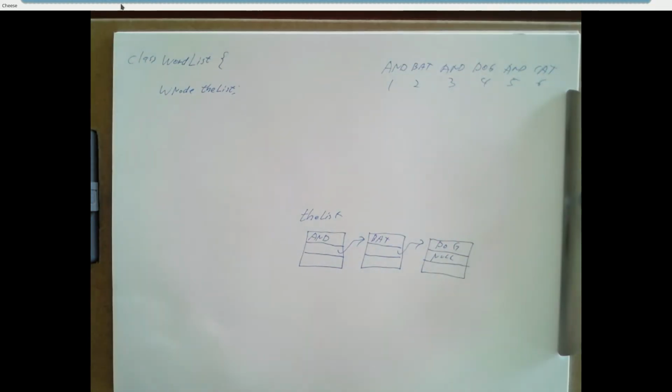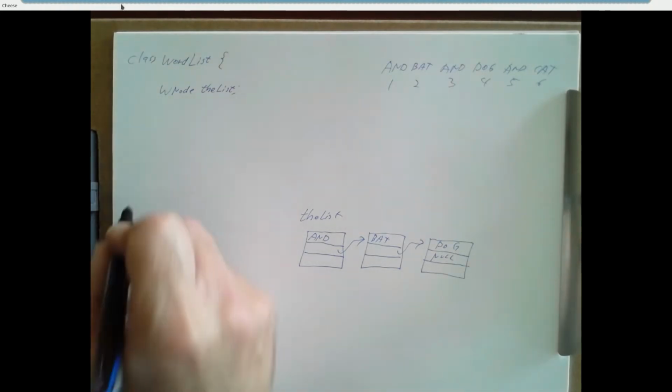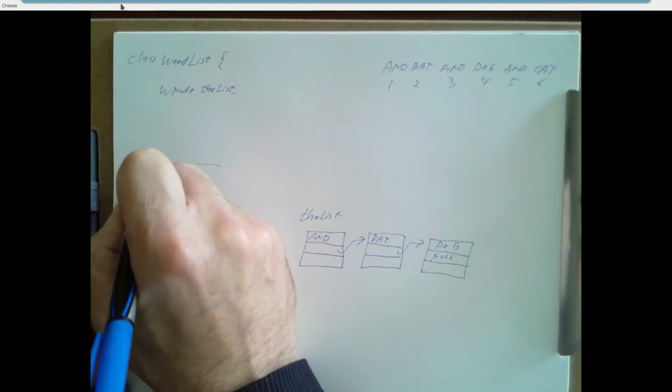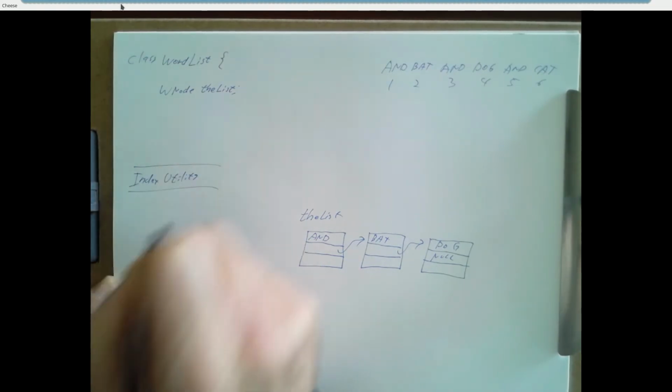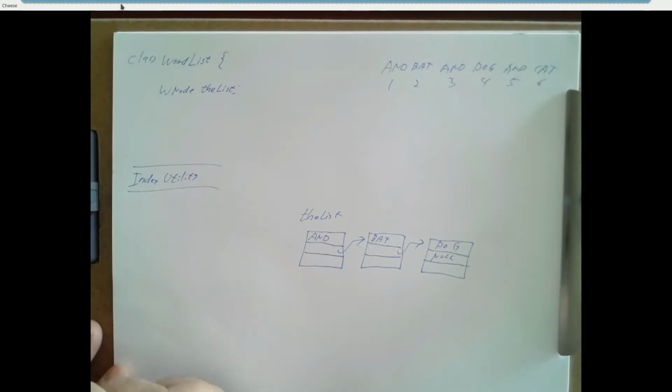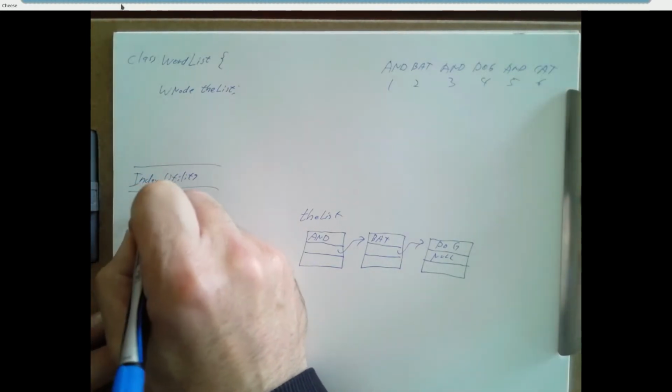All right, so your main program is constructing an index utility. An index utility has one method that you really care about, which is build index.